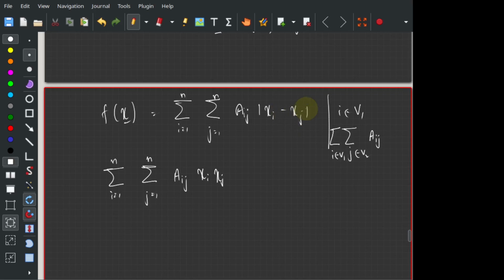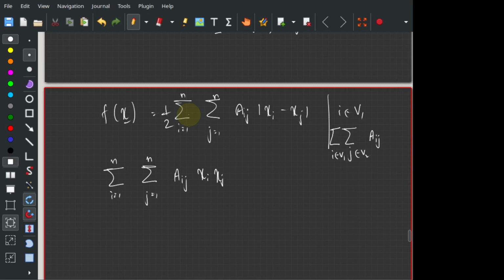Is this enough? You need a scaling factor, right? It's fine. Maximizing this is equivalent to maximizing the cut. But if you wanted to exactly find the max cut, it would be half. That's a valid way to do this.